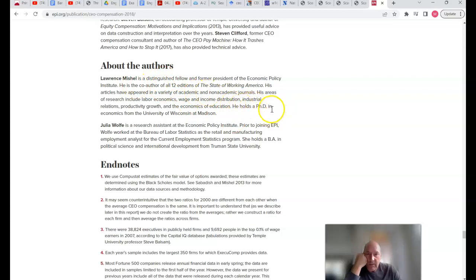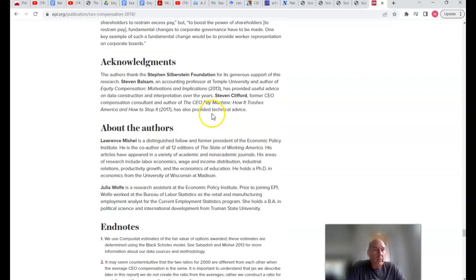Lawrence Mishel has a PhD, and Julia Wolf has a BA in political science. You might decide again that the PhD in economics from the University of Wisconsin is good enough and you might trust the publisher, the Economic Policy Institute.